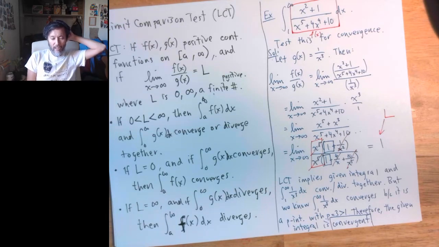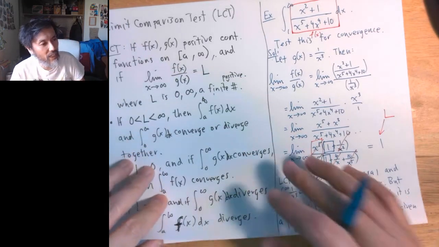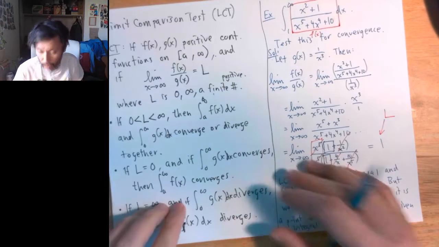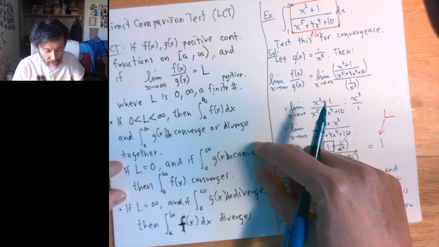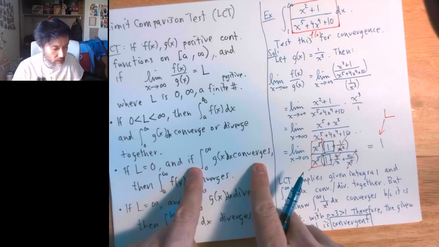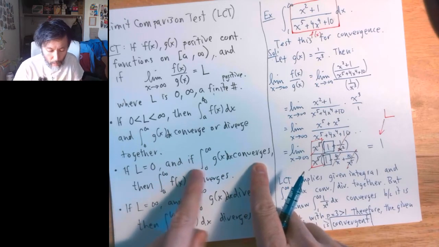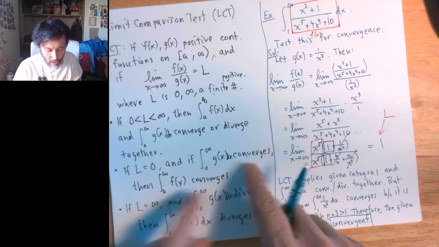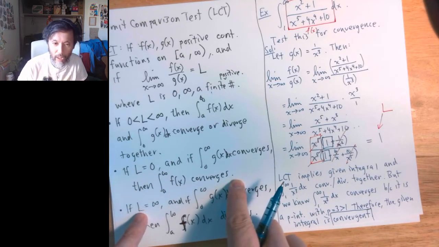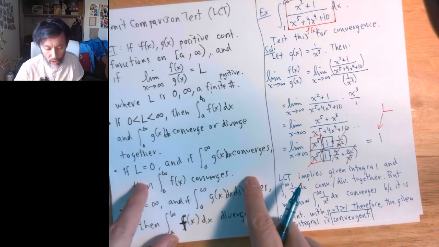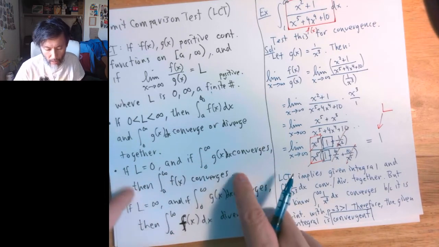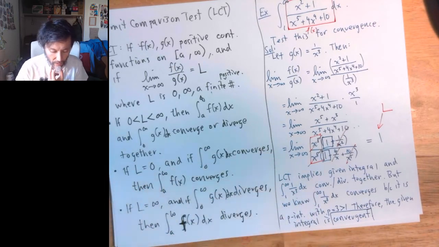But maybe that's for another day, or maybe you can ask me. The short answer to your question: what if we fall into this case and this integral diverges, so that the premises of this statement, if blah, blah, blah, then blah, blah, blah, don't hold? Then you can make no conclusion at all about what's going on with the integral of f of x.